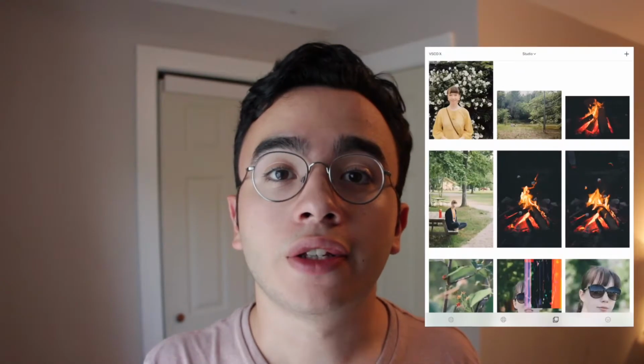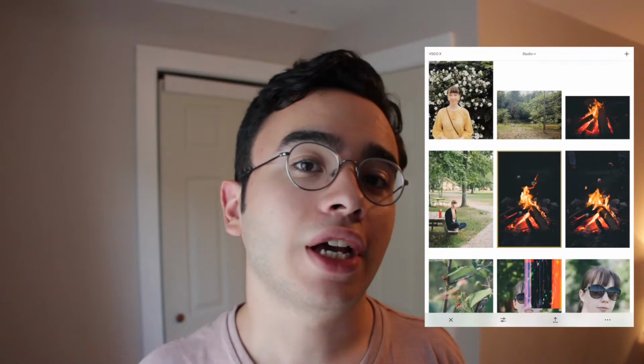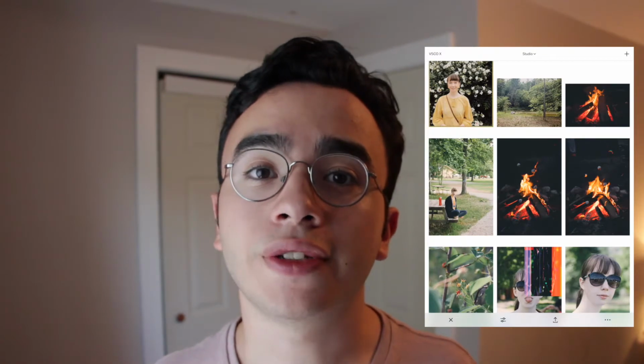The next step is the happy medium, the one I'd recommend for most people, and that is VSCO. VSCO is free itself. You sign up, get an account, and right away it gives you some presets to work with.